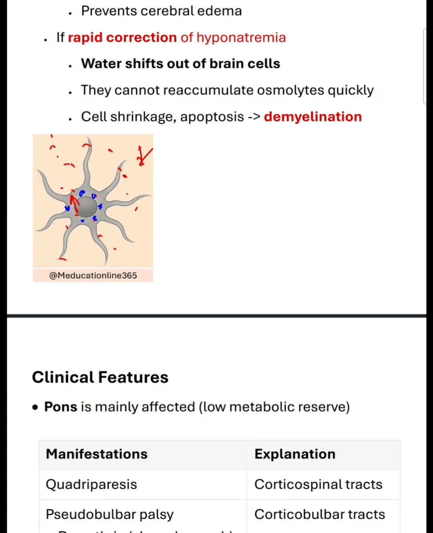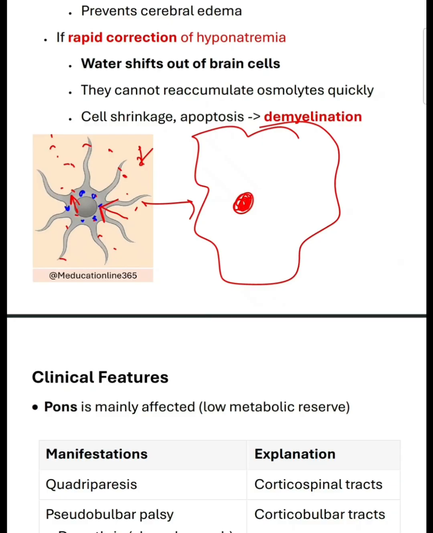When hyponatremia happens, the extracellular fluid osmolarity goes down and the cell's interior has relatively higher osmolarity. In which direction will water flow? Of course, water will go from the low osmolar region to the high osmolar region, and that will make the cell swell.